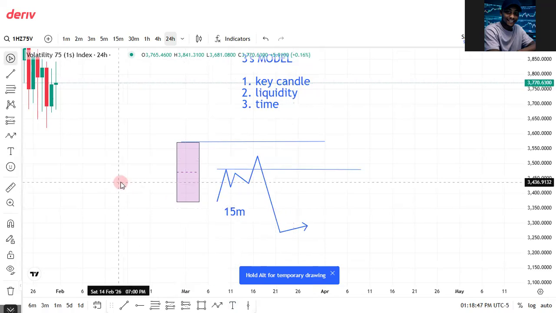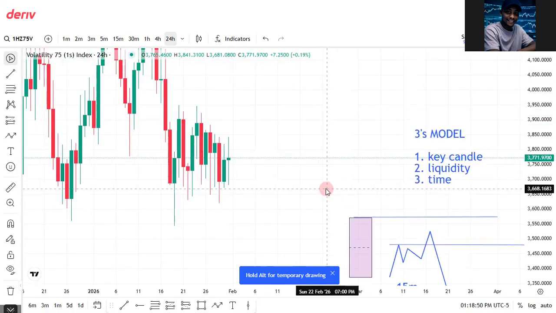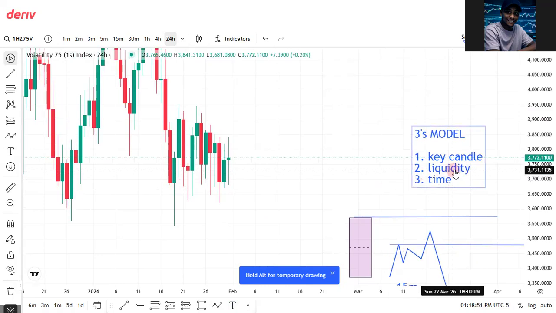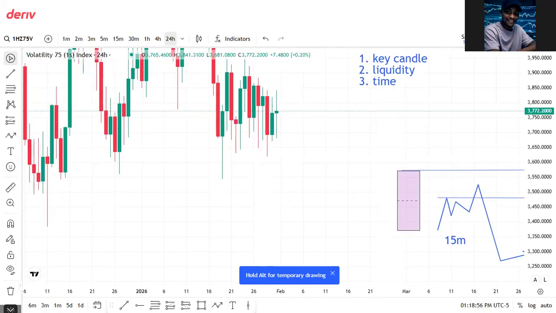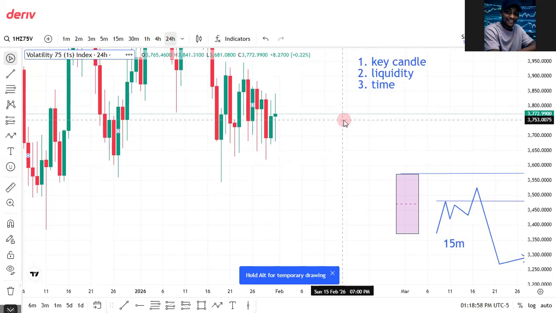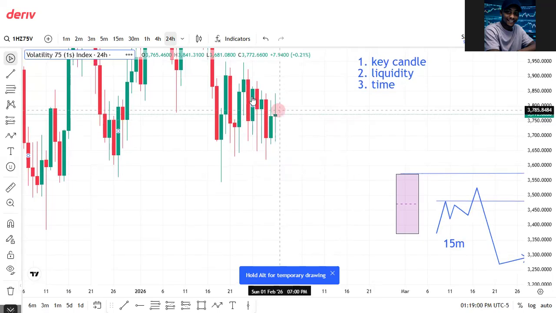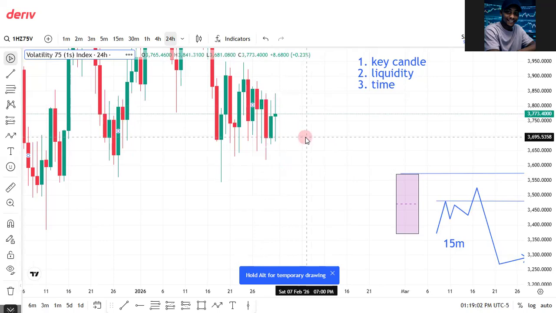So let's go into the example here, and here I'll be teaching you how to identify this key candle. I told you a key candle is a candle that is not inside of another candle. And here it is kind of very complex, right?